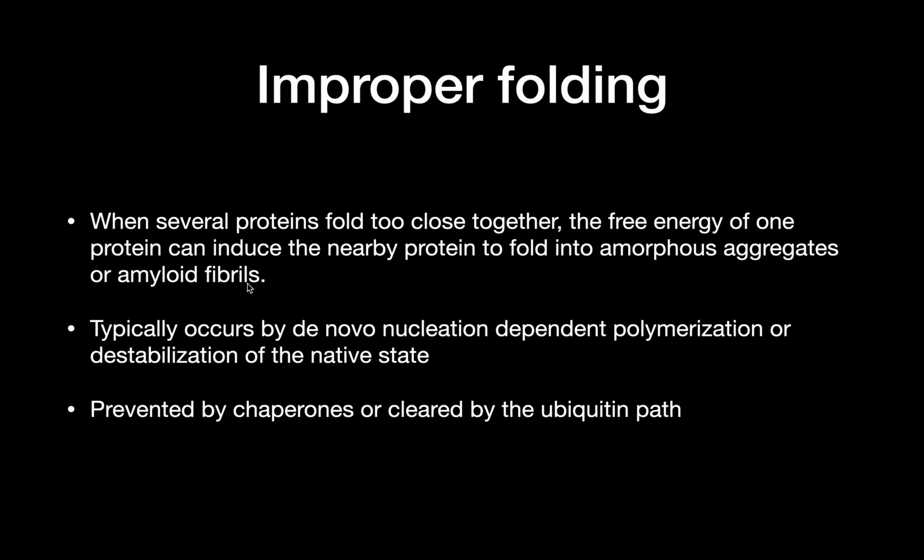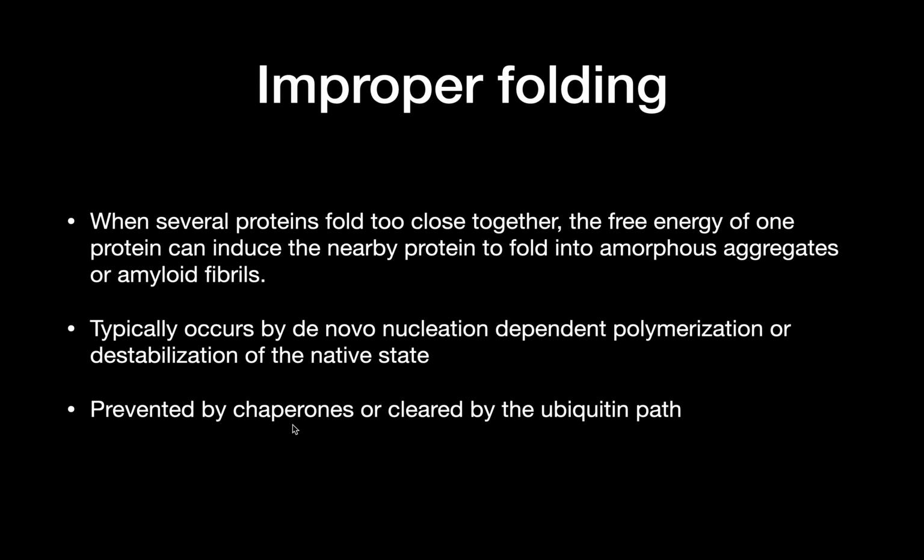And it's kind of like conjugated steps, when the excess energy of one can kind of force the folding of another protein into an undesirable or not as stable structure. And this typically occurs de novo, so that's spontaneous and new. And it destabilizes the native state.